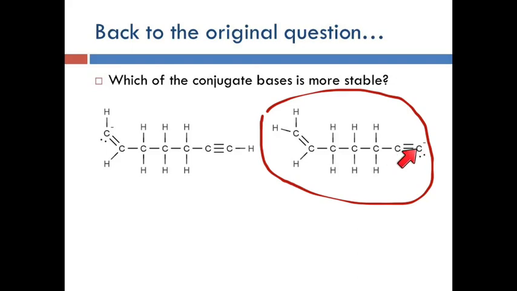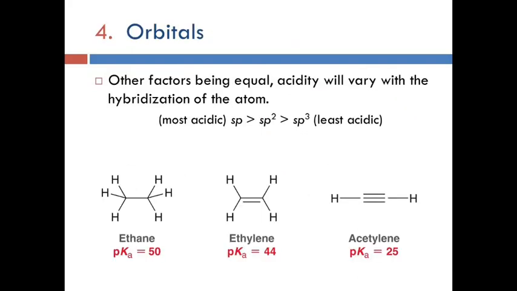This sp hybrid orbital is shorter. So other factors being equal, this is our summary of this last point: acidity will vary with the hybridization of the atom. The most acidic will be an sp hybridized, and the least will be sp3, and this is confirmed by looking at the actual pKa's for ethane, ethylene, and acetylene. Acetylene is more acidic.